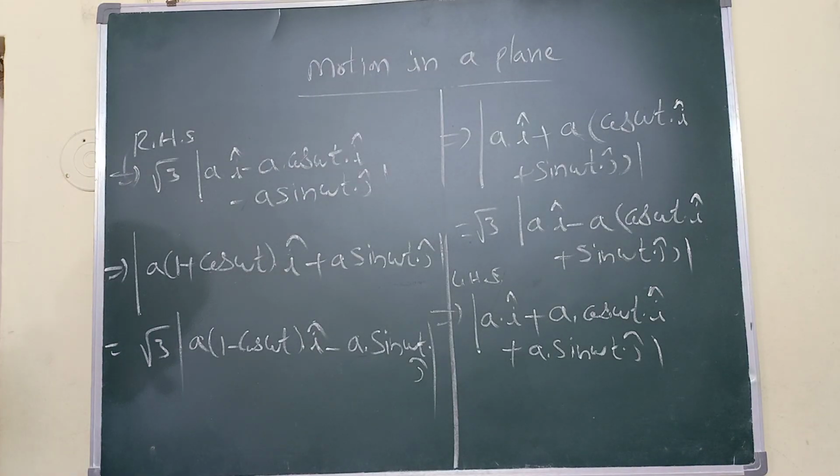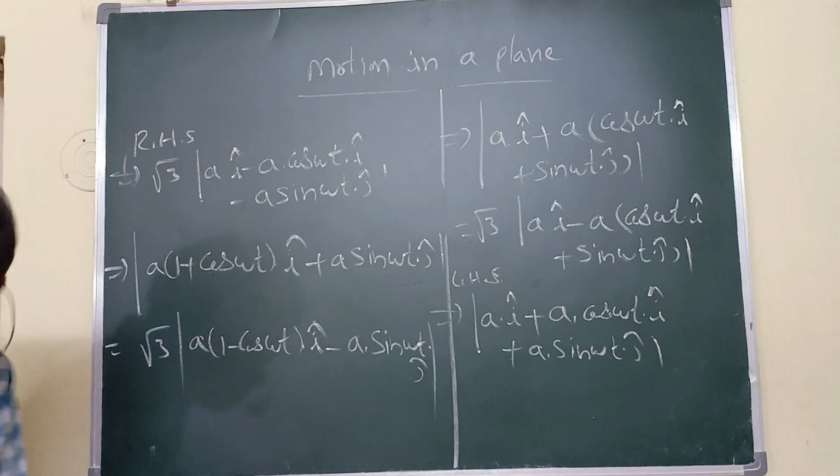Now we are finding its magnitude. How does one vector's magnitude come? For A1 i plus A2 j, it is root of A1 square plus A2 square. That concept we are applying for finding magnitude.